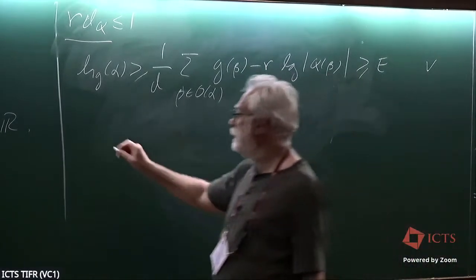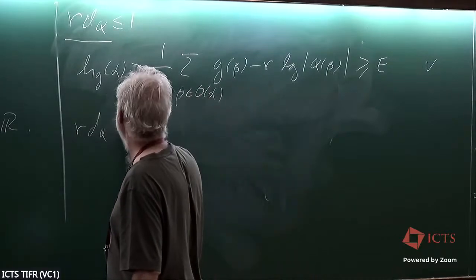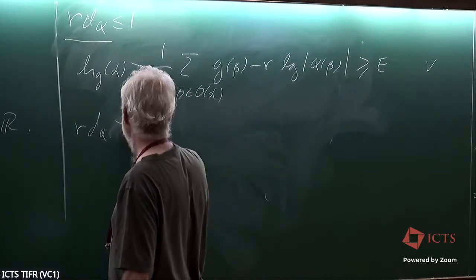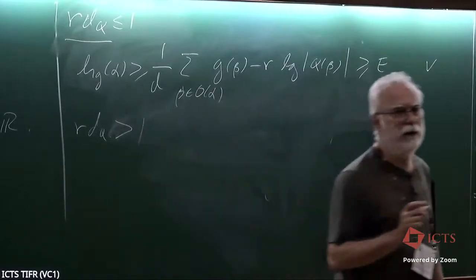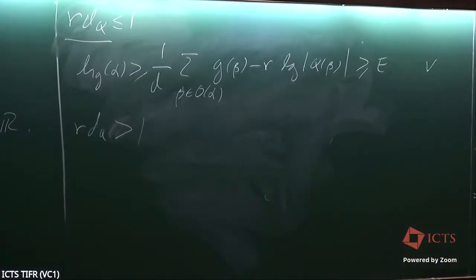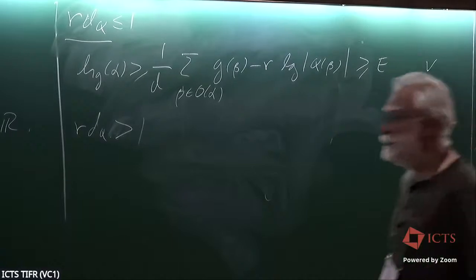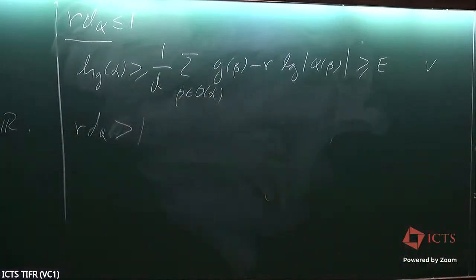What happens if R times dq is bigger than 1? Then this is the trivial case because, let's go to the assumptions. The function g behaves like log of z.